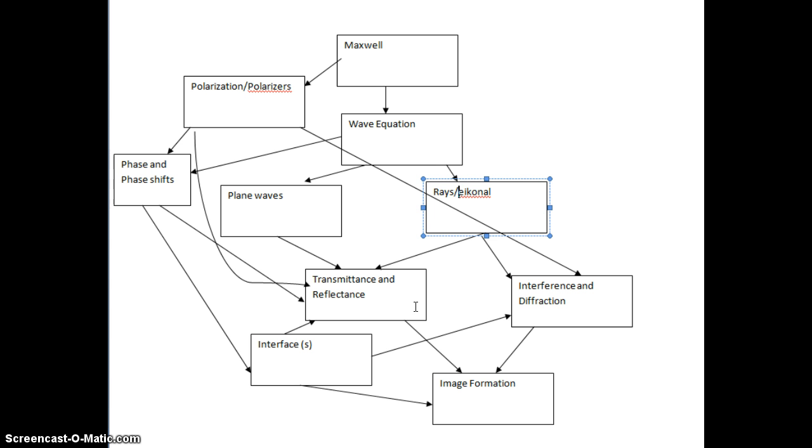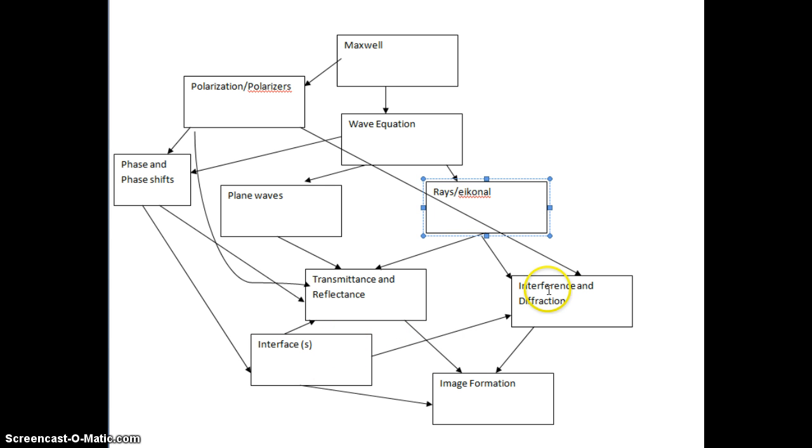But it's already graded. So anyway, key to this idea of transmittance and reflectance is the interface. Interfaces are involved with both rays and plane waves.